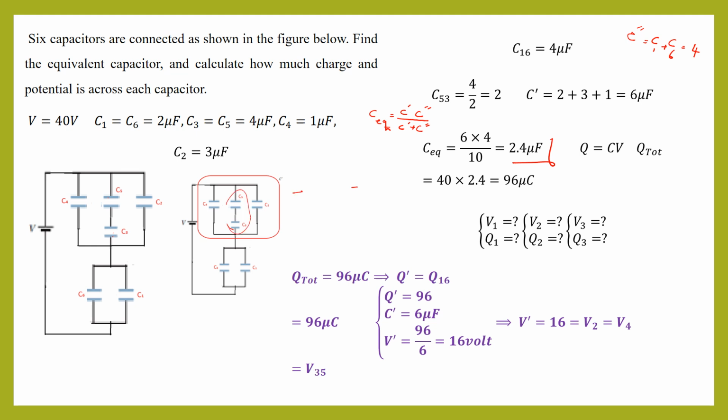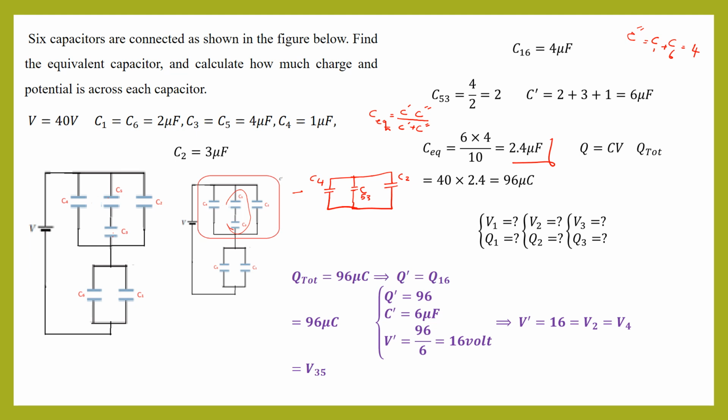Then we will have something like this, called C53, meaning the combination of these two capacitors, connected with C2. We have one more here, C4.